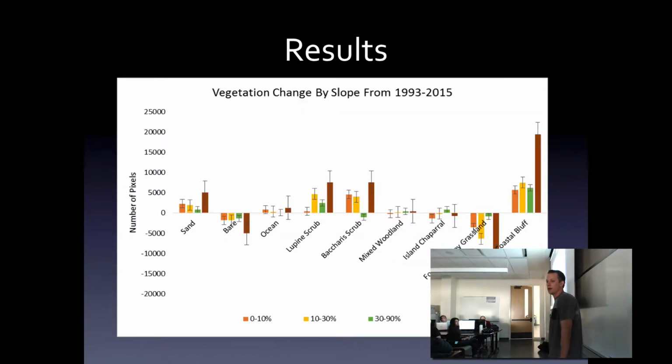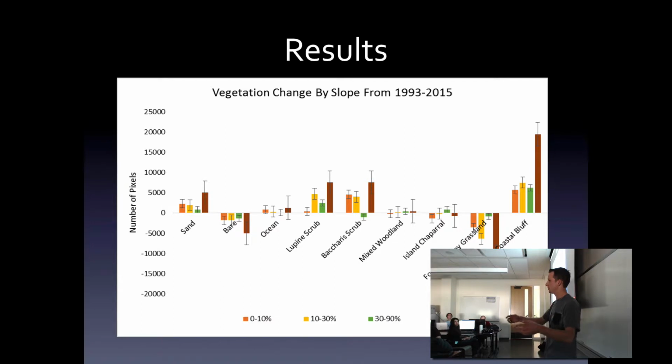What I have so far: I extracted the vegetation from 1993 to 2015, and I compared the difference in vegetation. I overlaid my 3 categories of slope onto the map and extracted the pixels.